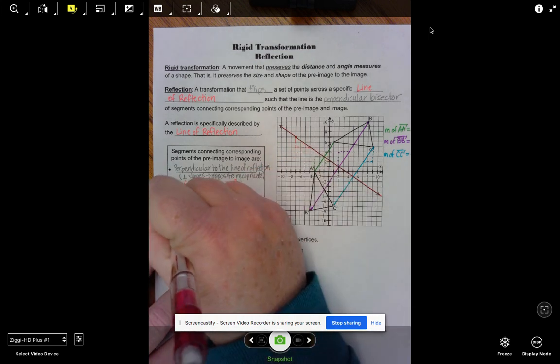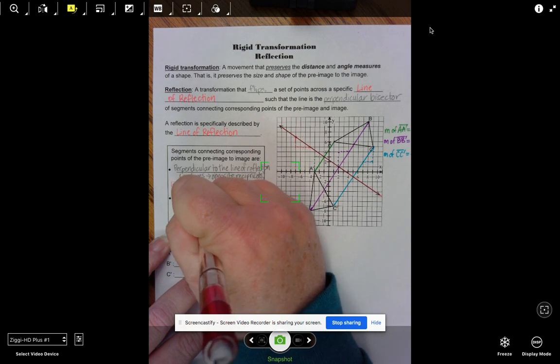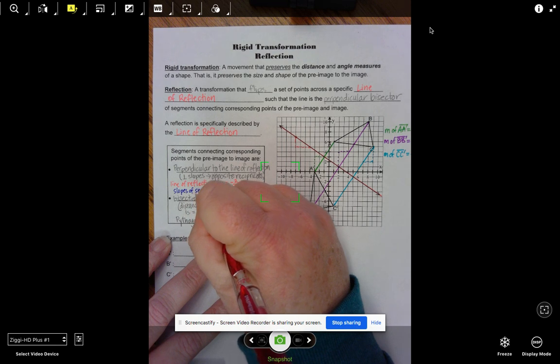Okay, and we can check that using Pythagorean theorem. So using those right triangles and making sure that we have correct distances, or we could use circles.